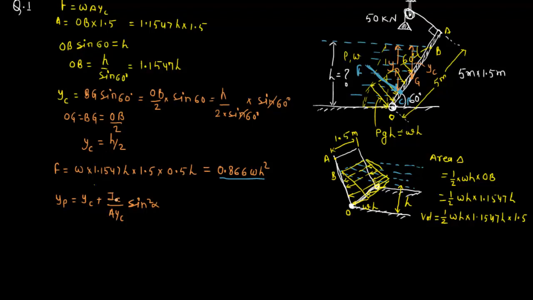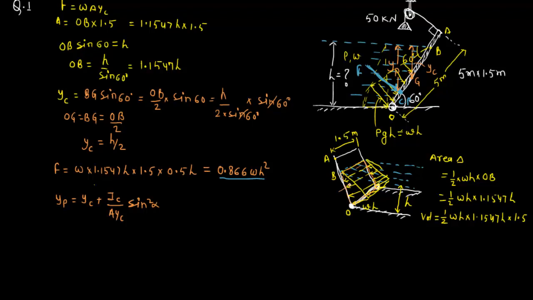IC. Now what is IC? IC is the moment of inertia about the self axis of this submerged gate. So to calculate IC, the submerged part is this one, this is the submerged part of the gate.